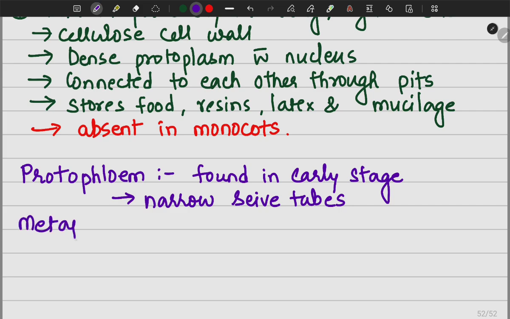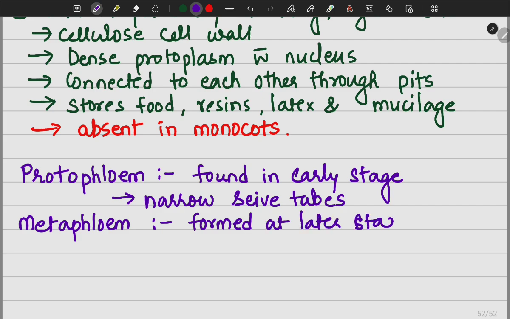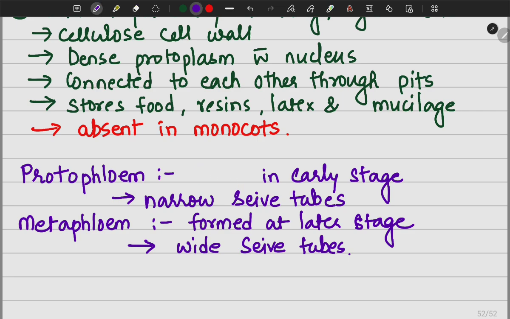Whereas the metaphloem, which will be formed at the later stage of maturity, will have wide sieve tubes. Alright, so formed, instead of found I should write formed.